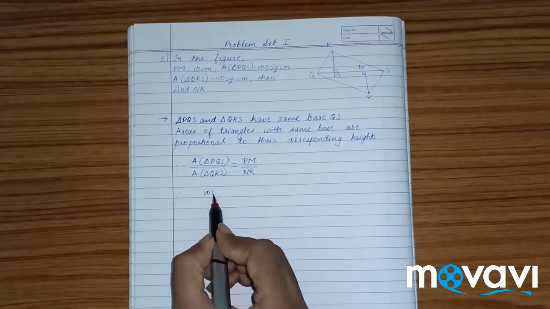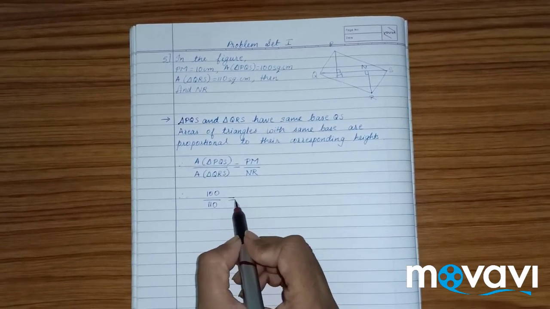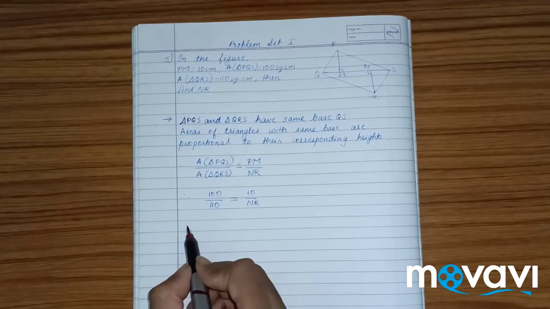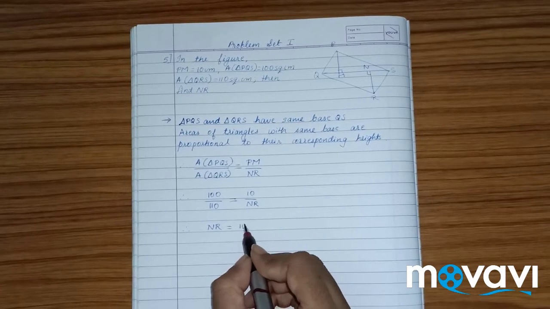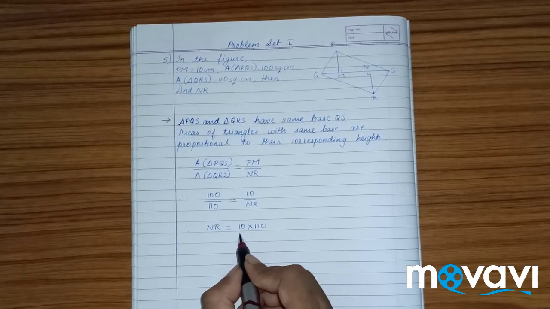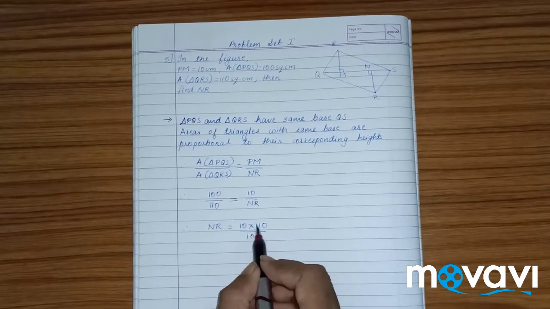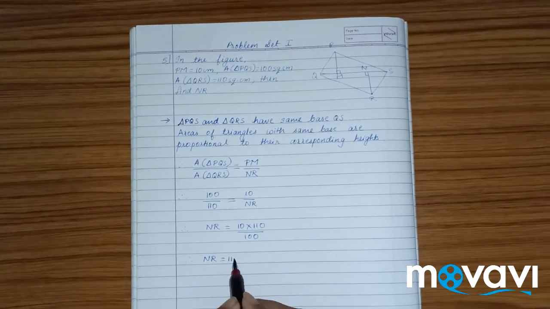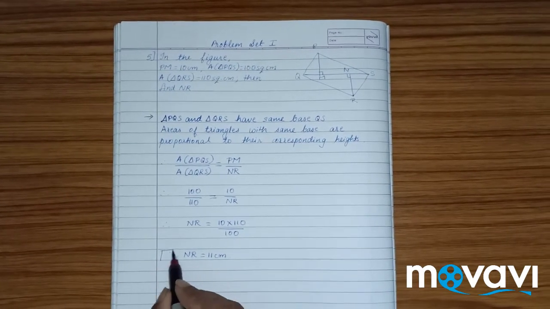It is 100 upon, for QRS it is 110, equal to PM is 10 and NR is what you are supposed to find. So I will take NR onto one side and remaining all the numbers onto other side. So 10 into 110 upon 100. So if I calculate this, zeros get cancelled and I am left with NR is equals to 11. Since units are given, this will be centimeter. Okay, that's your answer.